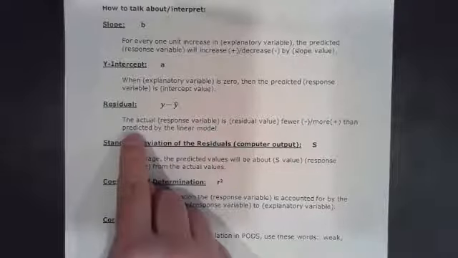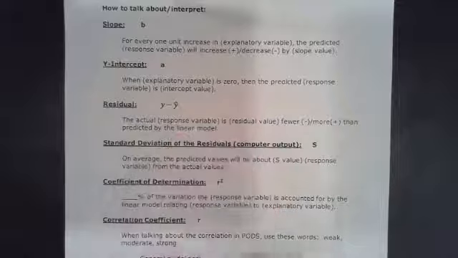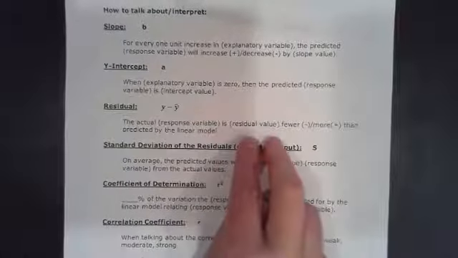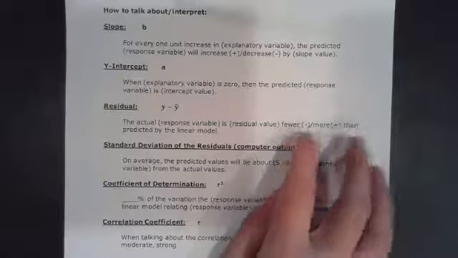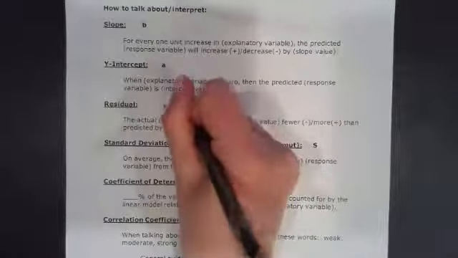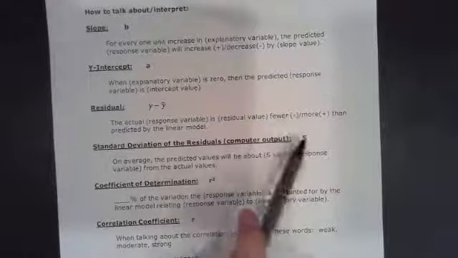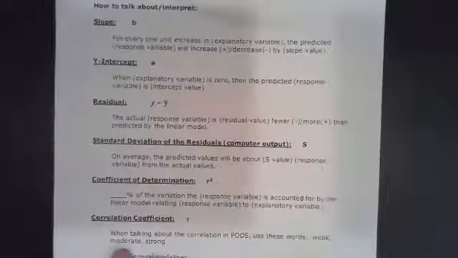Sorry, guys, I'm on top of things today. It's early. So the actual response variable is whatever the residual value is, more or less than the predicted value. Depending on whether this comes out to be positive or negative, you would say the actual, whatever y is representing, is this many more or less than the predicted.